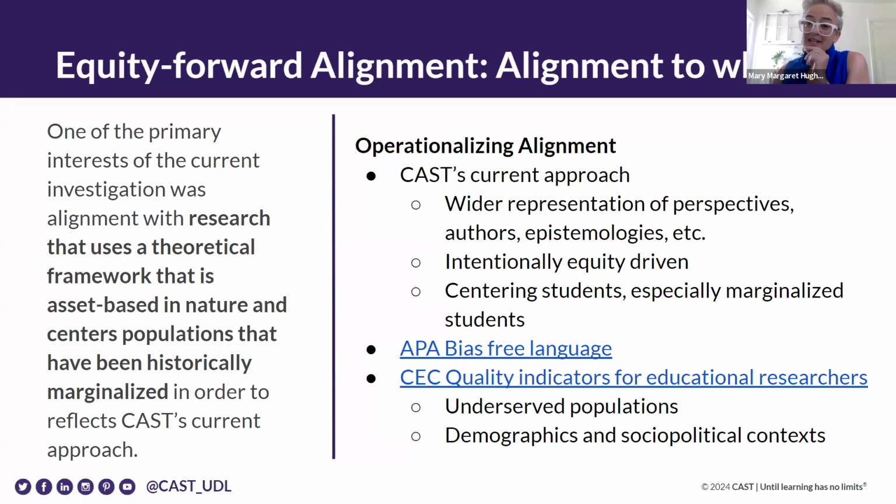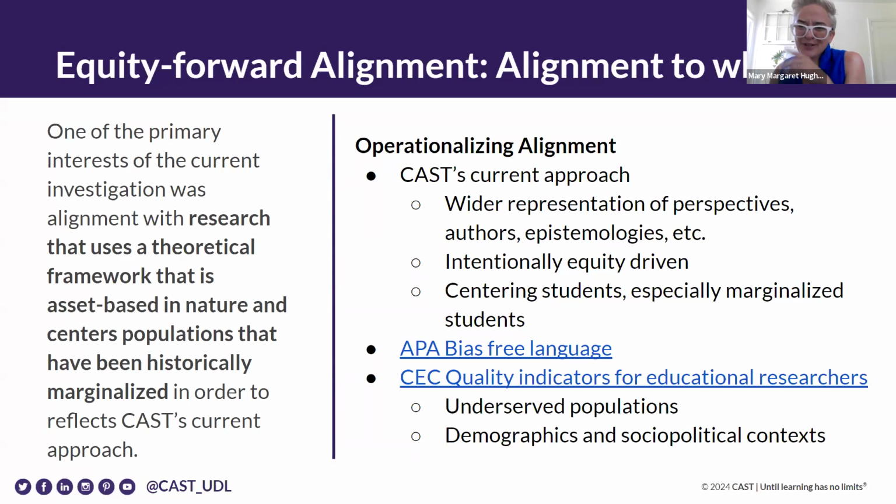I think we have that link in the home-based document. I also use CEC, the flagship organization Council for Exceptional Children. In 2023, they issued a series of guidelines for all methodologies, and all of them include this equity piece. So these were the three sources that I used.